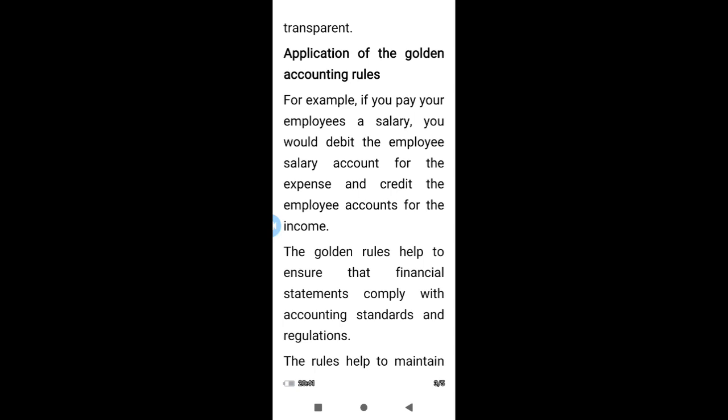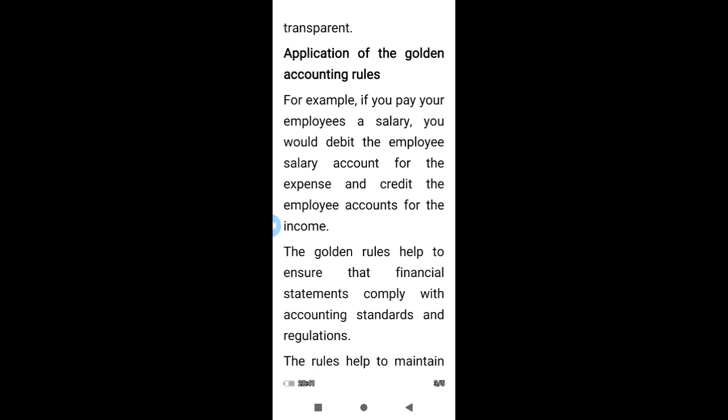Let's take a transaction like paid employees a salary by cash. In each given transaction, there must be a debit and a corresponding credit entry. You see now that we have to identify two accounts. One of these accounts has to be debited and the other credited. So you see that we have salary and cash.